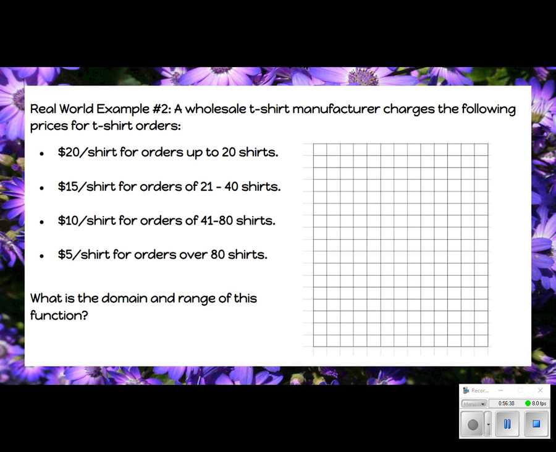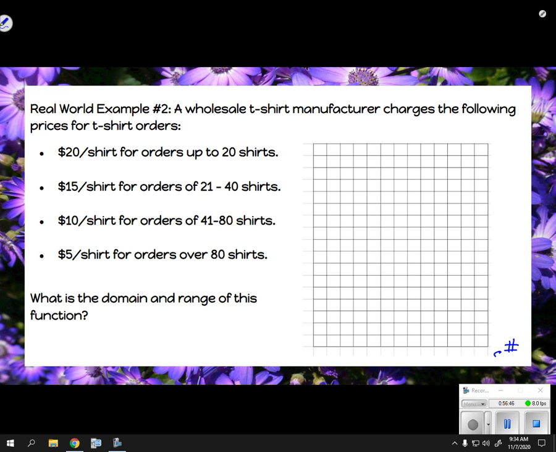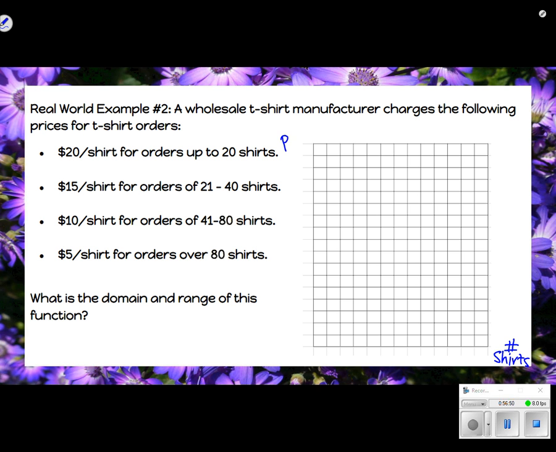So we're going to look at this one, and we're going to be looking at number of shirts here. We're going to look at price per shirt. You may want to think about, you could do something like total cost for the whole entire shipment, but we're just looking at price per shirt right now. Okay, we have to be able to, on our graph, get up to 80.